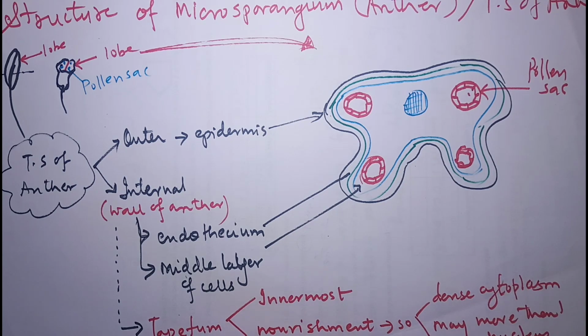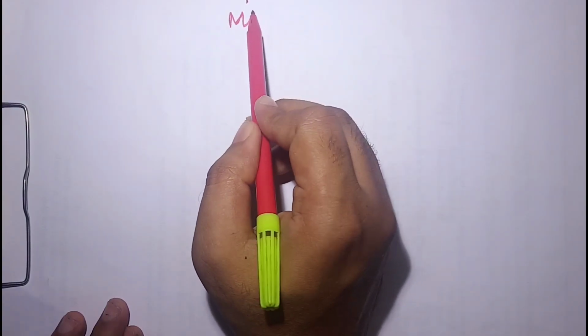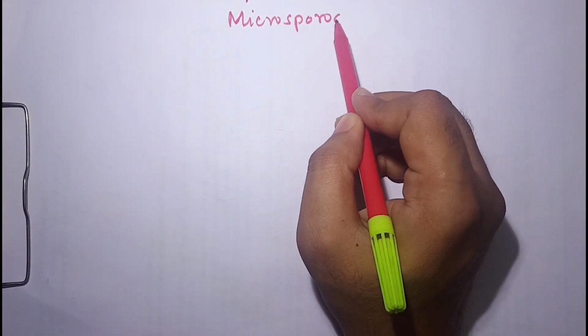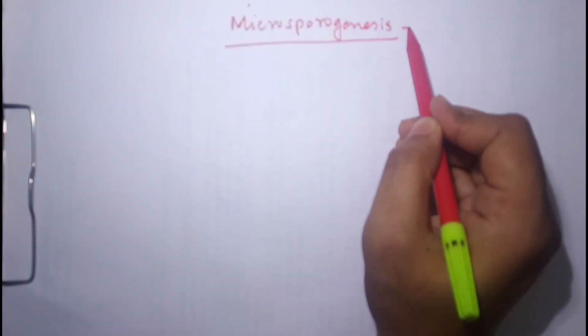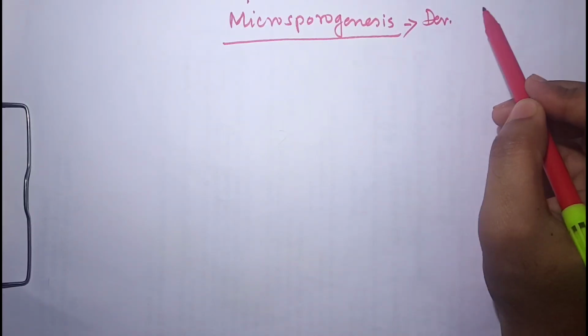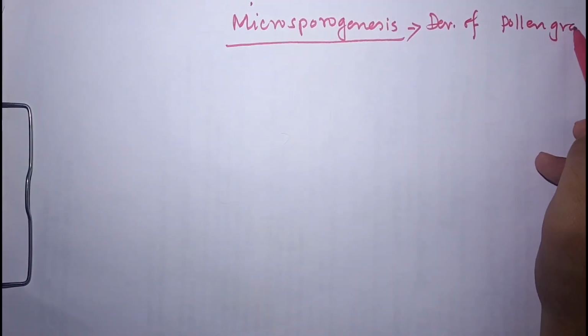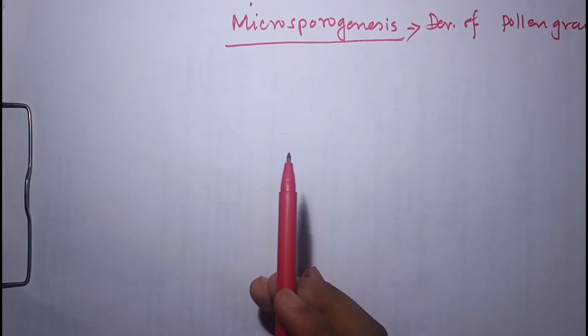And this primary sporangious tissue keeps on dividing mitotically to form sporogenous tissue. What does it mean? Development of pollen grain.